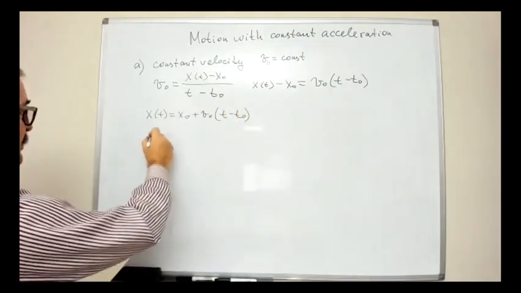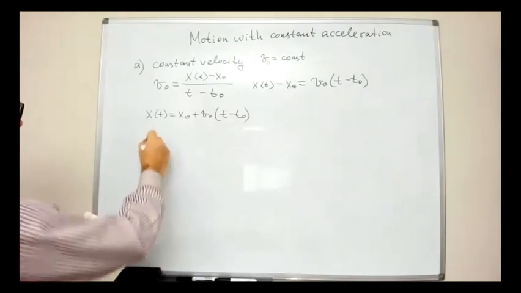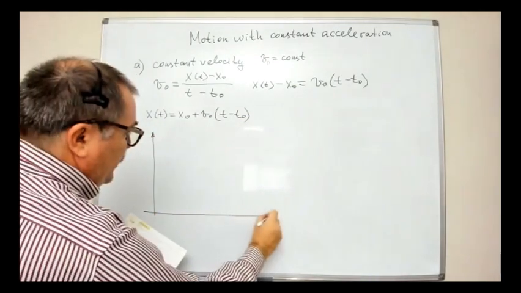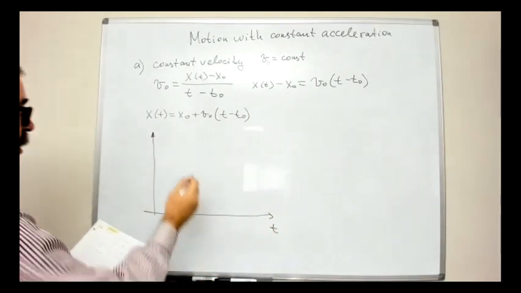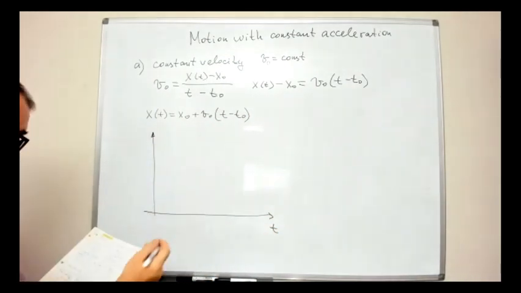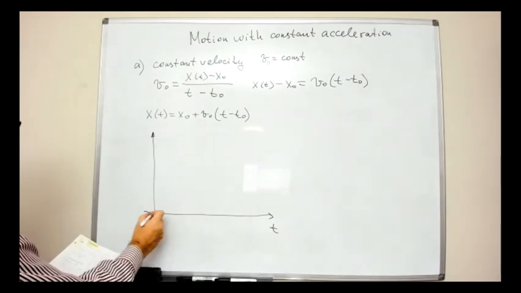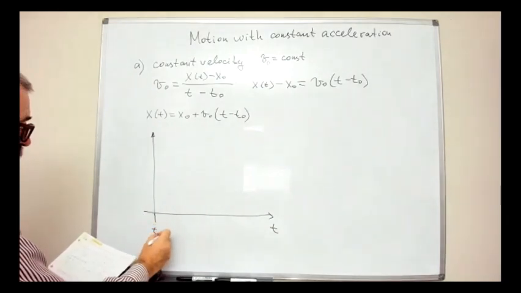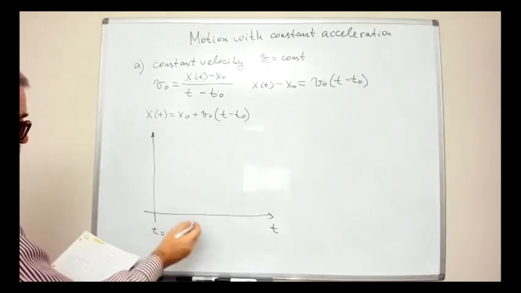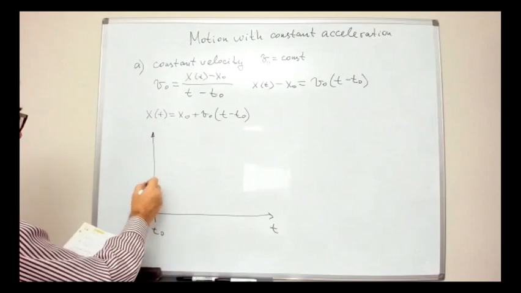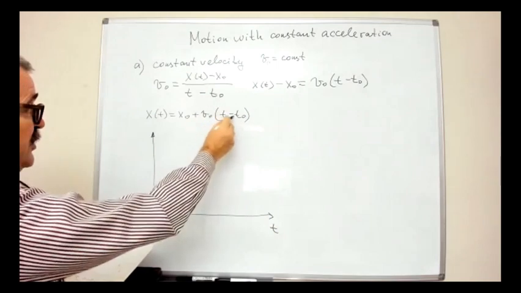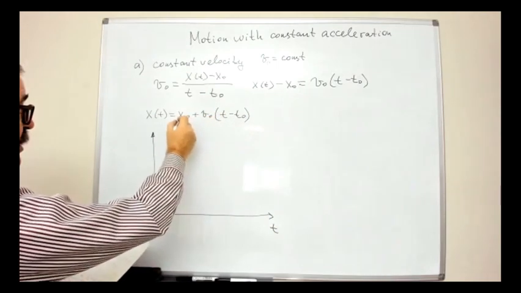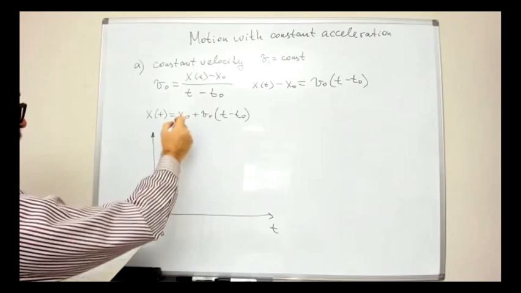Now let's graphically represent this formula. To represent it graphically, we should plot position as a function of time. At time t equals t0, the position of the object is x0, because this term is 0.